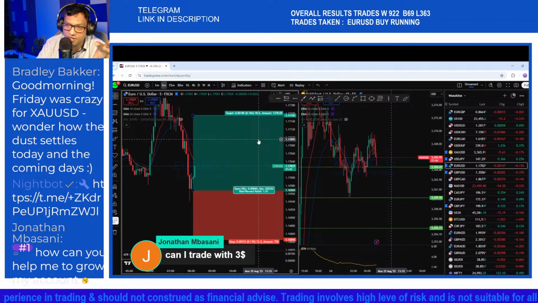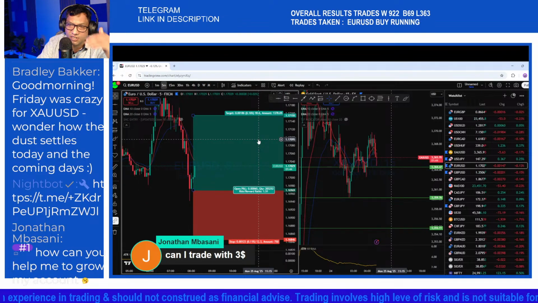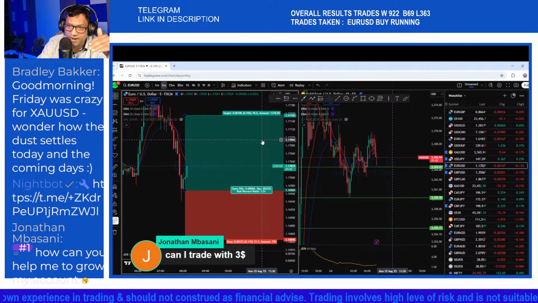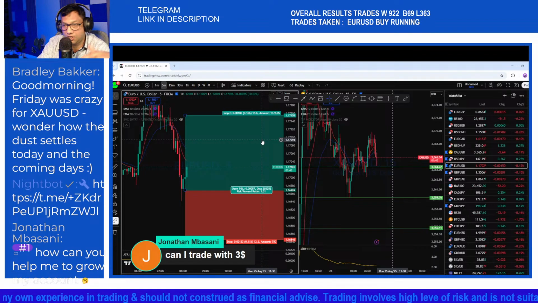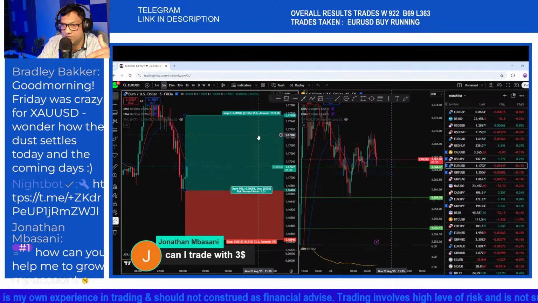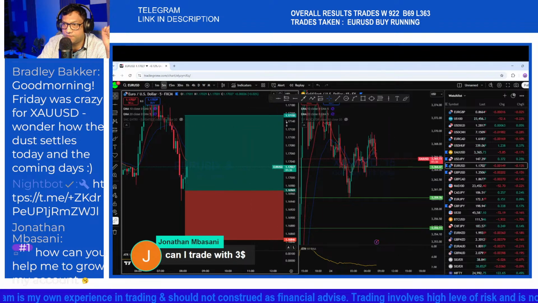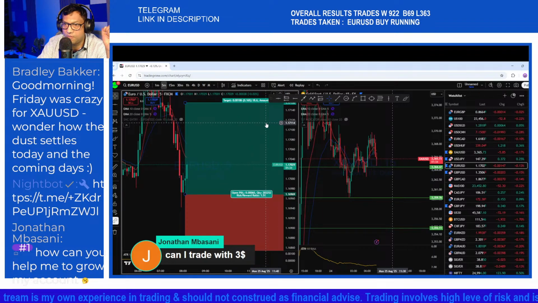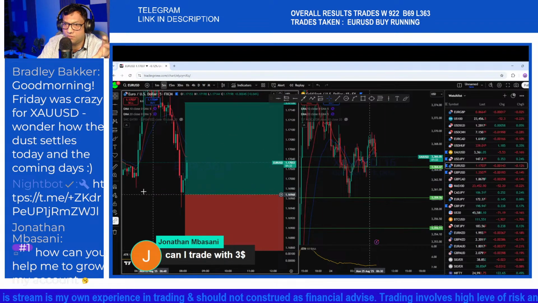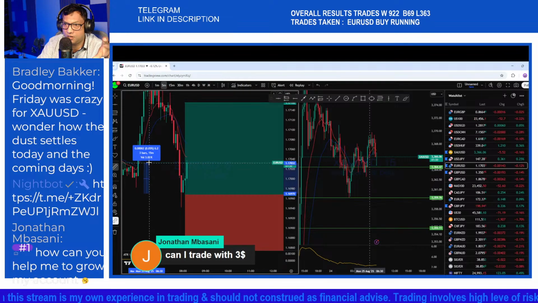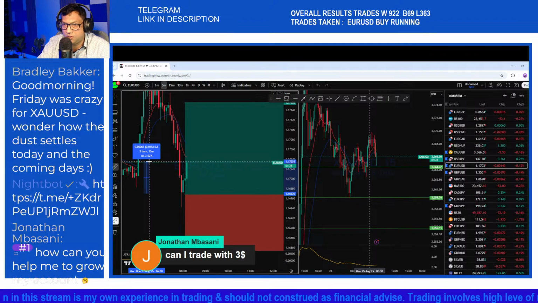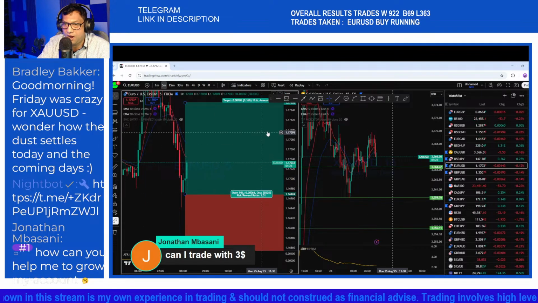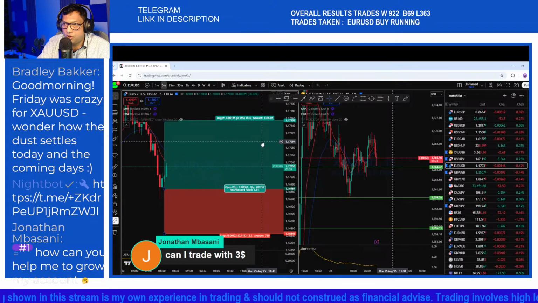The market is moving in that direction at the moment, and I'm expecting it to continue to rise back to the upside with that move that you can see. In this euro dollar trade, we are currently getting to that 7 pips up.